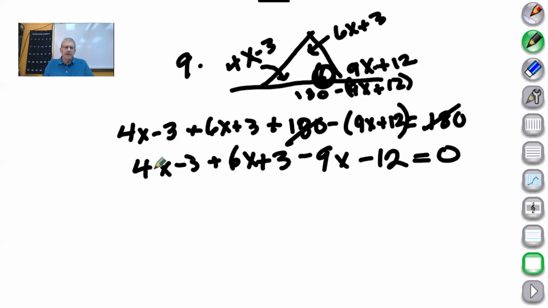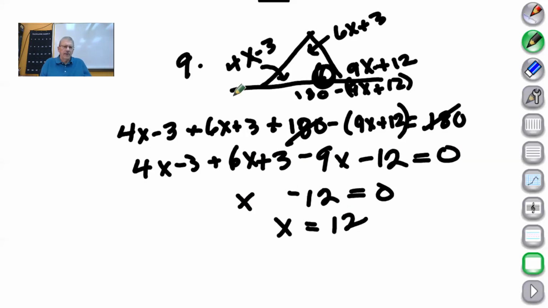Now we're combining like terms: 4x plus 6x is 10x, and negative 9x makes x. Negative 3, positive 3, they cancel. Minus 12 equals 0. Bring the 12 to the other side, x is 12. So now we figured out what x is. That didn't give us the angles, but at least we could get a head start.